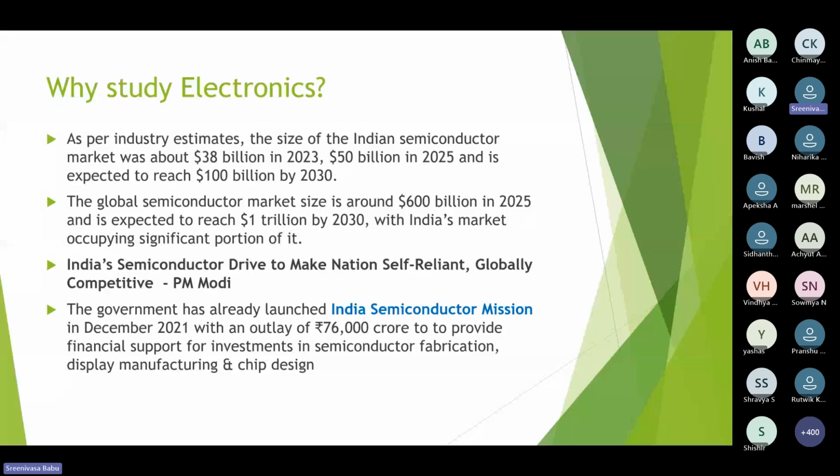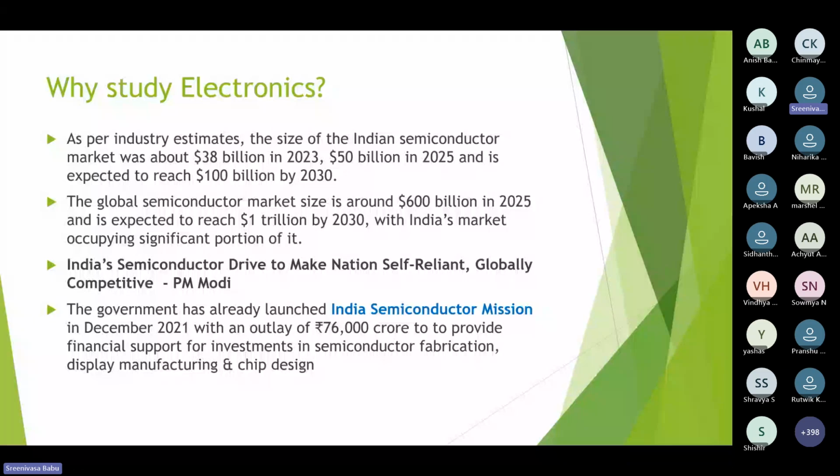And do you know it is expected to reach $100 billion by the year 2030. The global semiconductor market is around $600 billion currently, and it is expected to reach 1 trillion US dollars by 2030. So in that $1 trillion market size, India is going to occupy a significant portion in 2030.